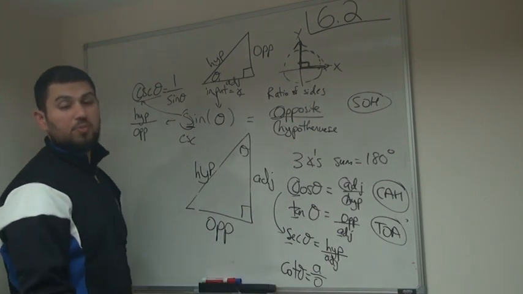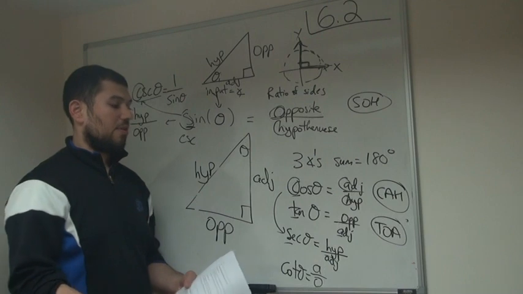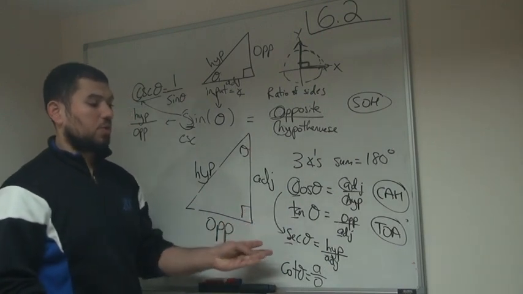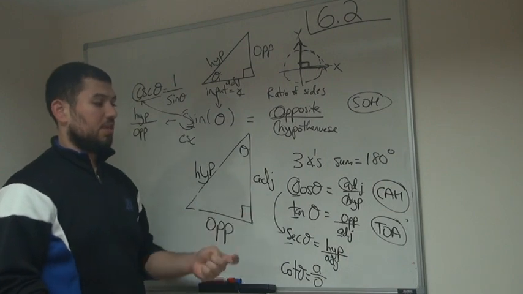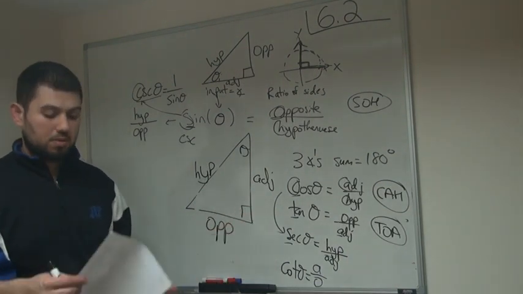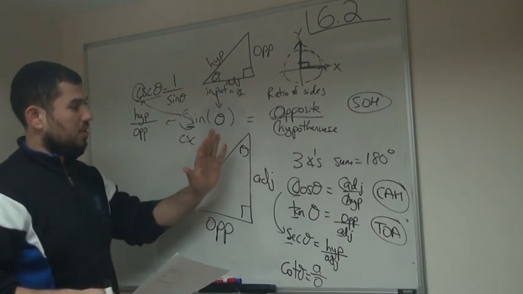Tangent and cotangent both have a tangent in them. So that's how I remember that one. So cotangent is the reciprocal of tangent, and tangent you remember with TOA. So for all of these, what is common?